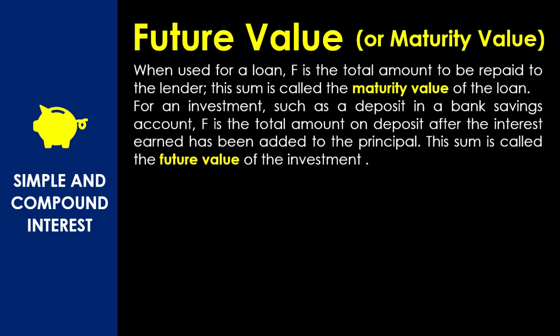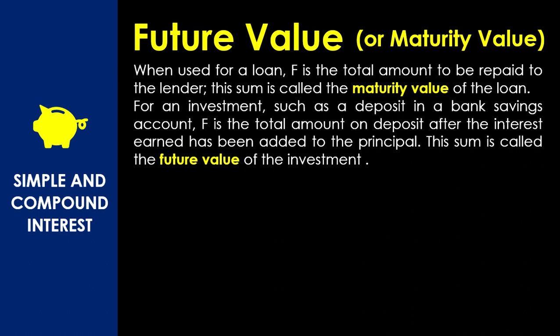Another one we have here is the term future value or maturity value. This is the total amount when we add interest. We use the terms future value and maturity value interchangeably, but for technicalities, the term maturity value is usually used for the loan, while the future value is usually for the investment.